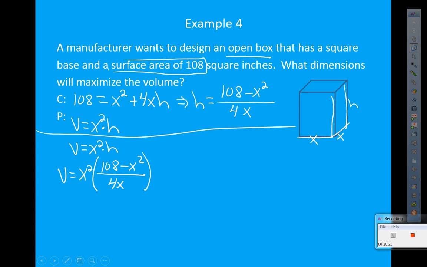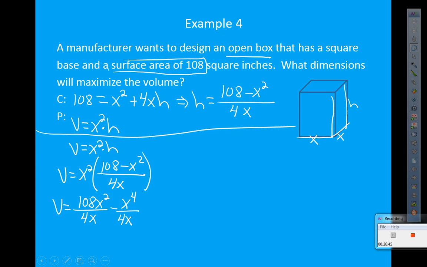Now from here, there's a lot of different things you can do. What I'm going to do, because I think it'll be simplest for you in the video, I'm going to distribute this x squared for a second. So I've got 108x squared over 4x minus x to the 4th over 4x. So I distributed the x squared and just put them each over 4x.